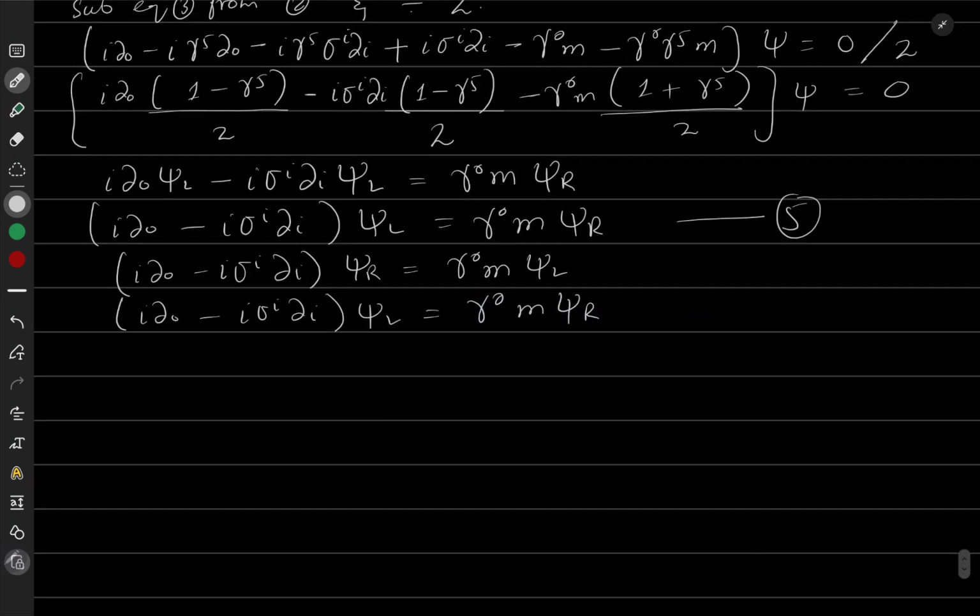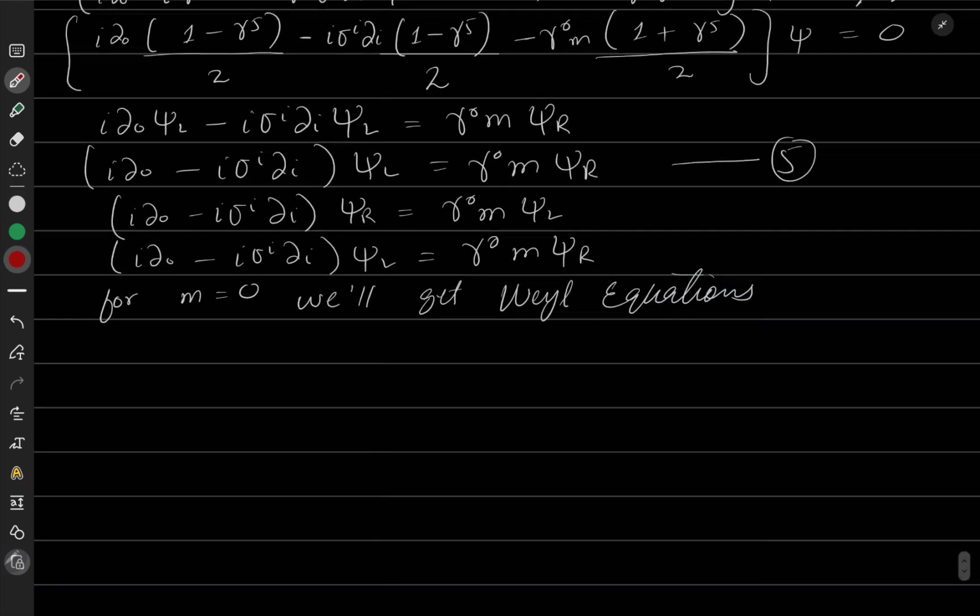Okay, now if we take the fermionic mass to be 0, for m is equal to 0, we will get the Weyl equations.